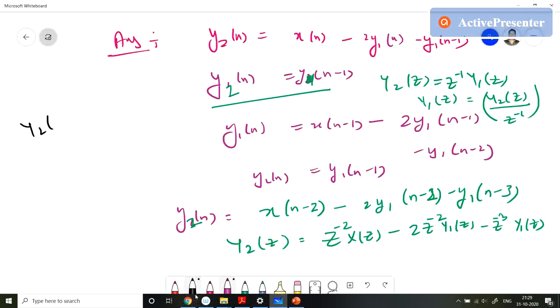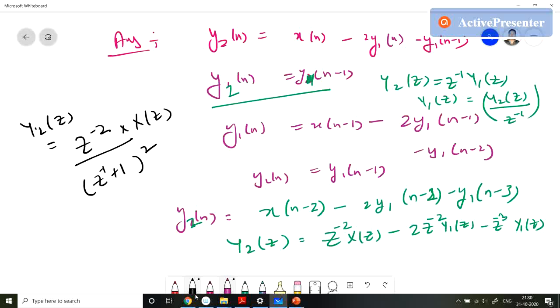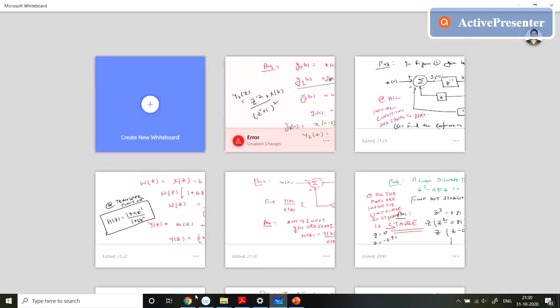So finally we will get Y2(z), please verify that, is equal to z raised to the power minus 2 divided by (z raised to the power minus 1 plus 1) whole square, multiplied by X(z). Let us write in the next slide.